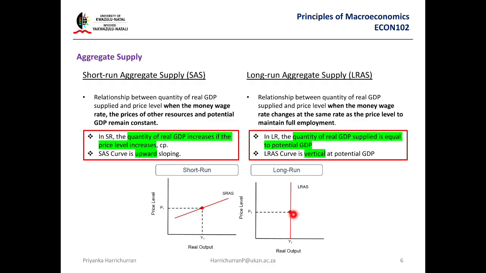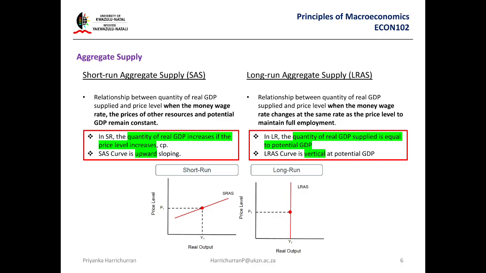But why in the long run is it vertical? Now I want you to think of it logically. Short run: if you own a business, let's say for 6 months. You open up a business, and on the 1st of January you create a contract with your employees.